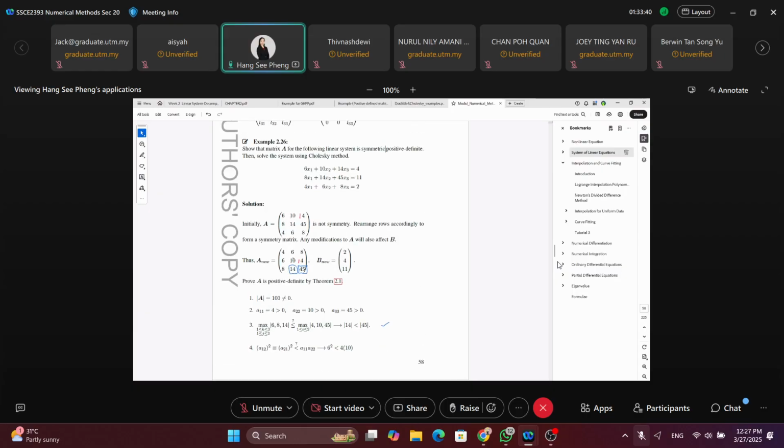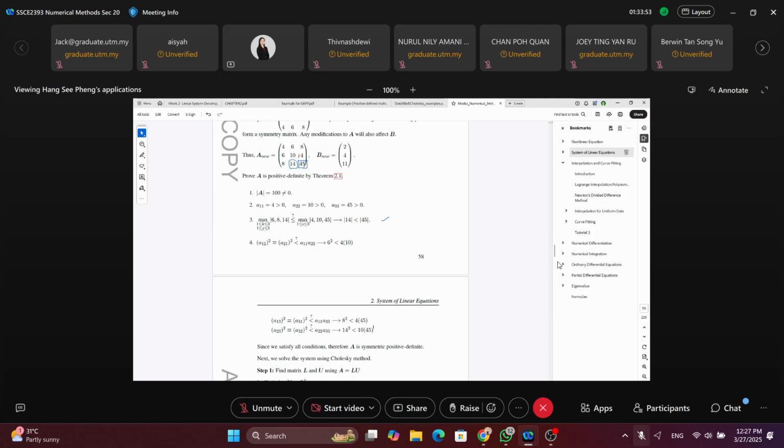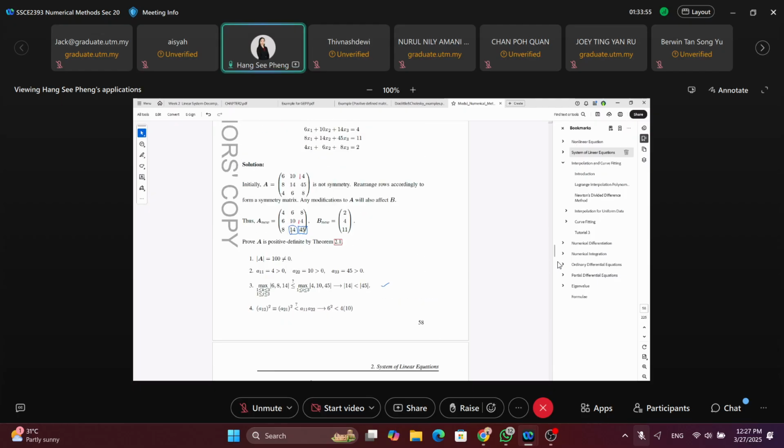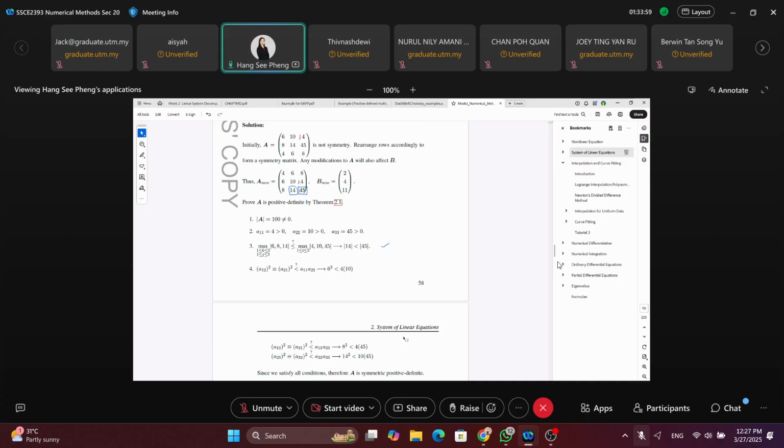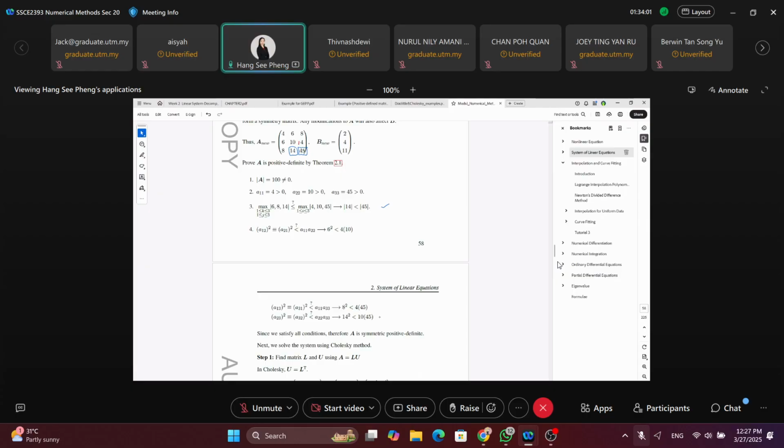Then next, A13: 8 squared, 64. Is it less than 4 multiplied by 45? Yes. And next, 14 squared, is it less than 10 multiplied by 45? Yes. All satisfied. Then we can conclude that A is symmetric positive definite.